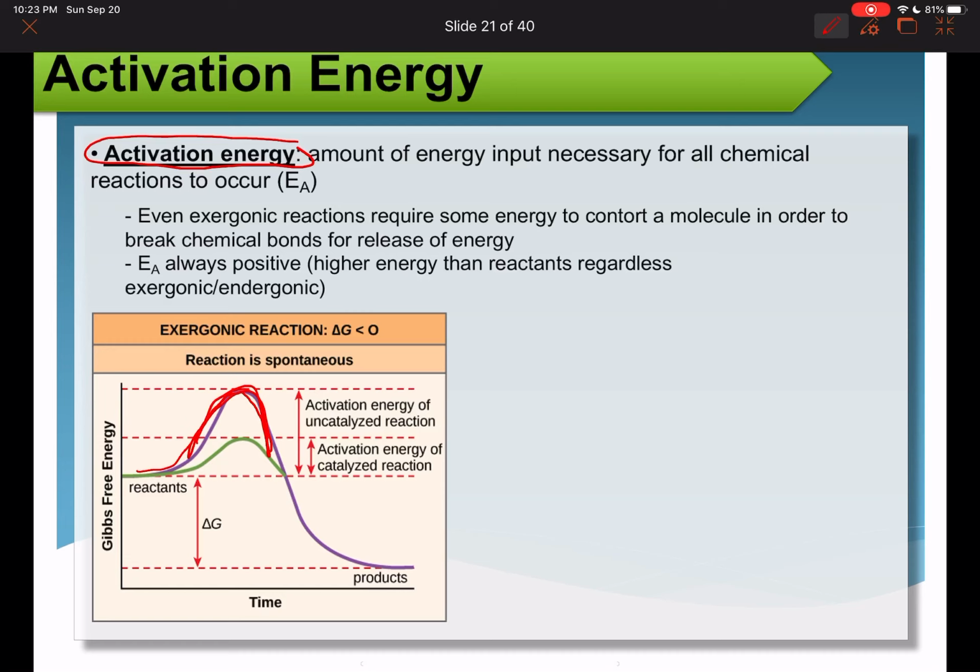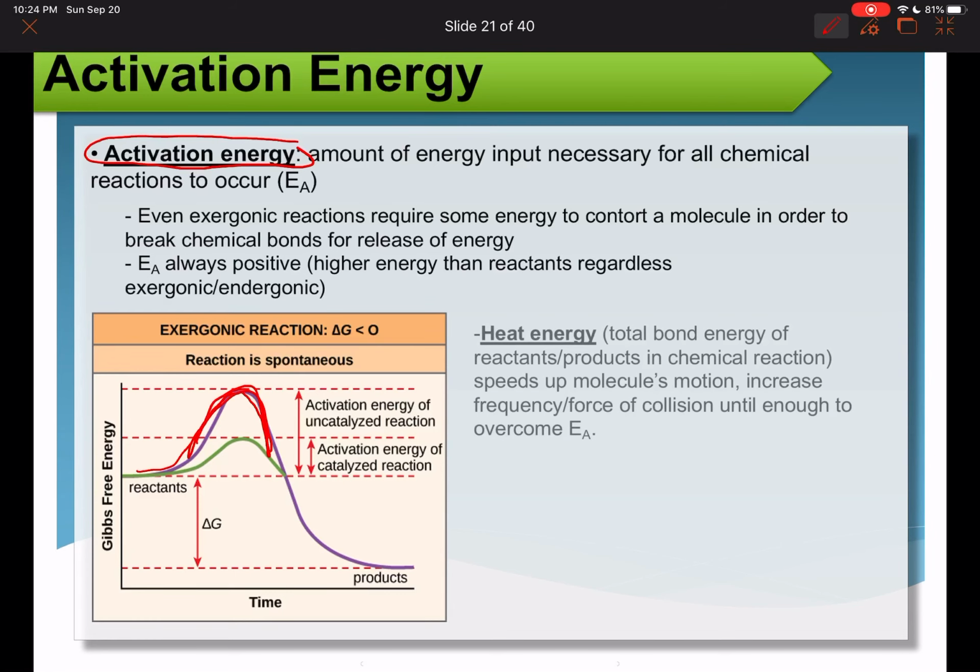Okay, so either case, we're putting molecules in a certain way in order for the reaction to proceed to products. Again, when you go into chemistry and thermodynamics, you're going to get into a lot more of this, but this is the gist of what we need to know in biology.